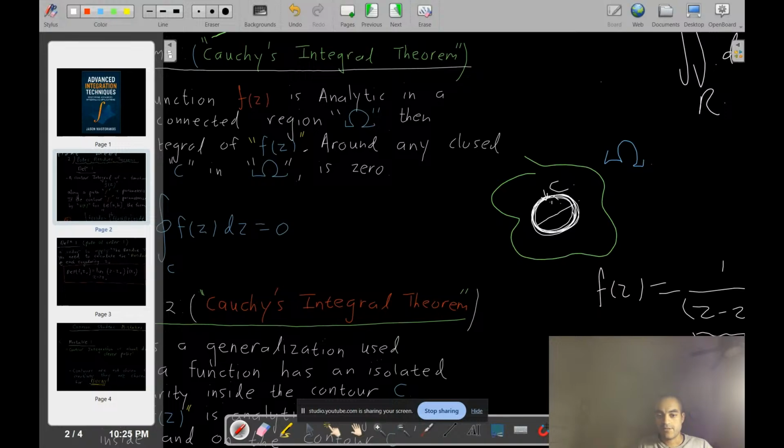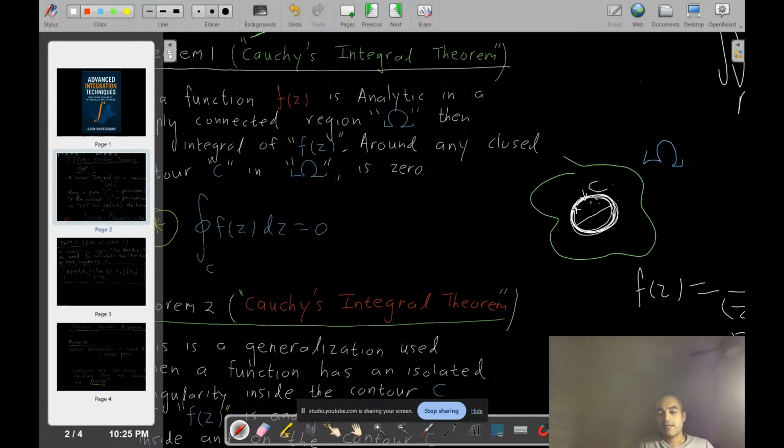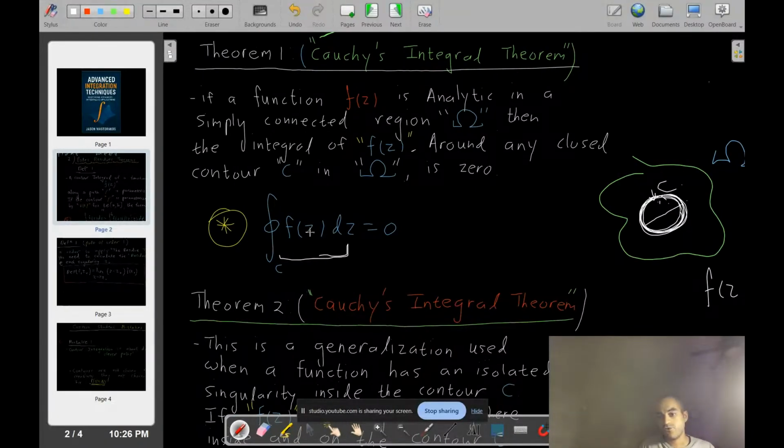Remember, you have a contour inside of omega, and the residues inside your contour will result in non-zero values. Those non-zero values multiplied by 2 pi i will give you a non-zero value, and that is equal to the contour integral. But then that will not equal zero, and that will be a direct violation of Cauchy's integral theorem. So it has to do with the residue theorem.